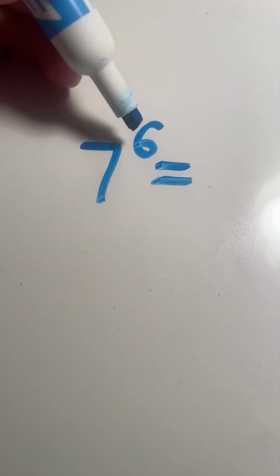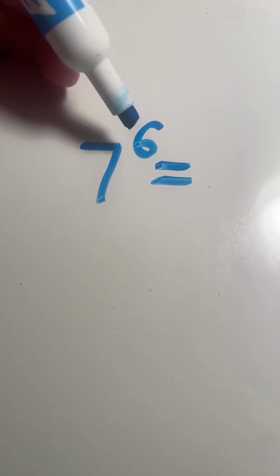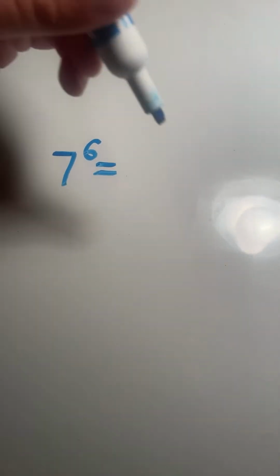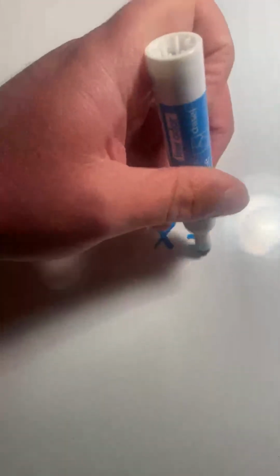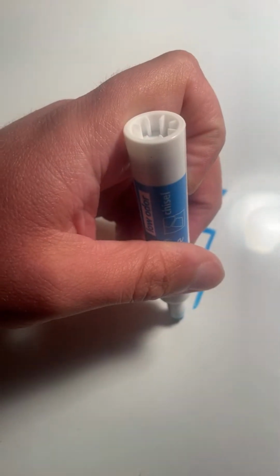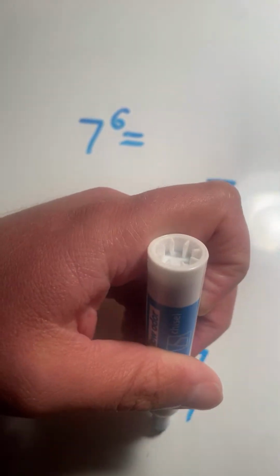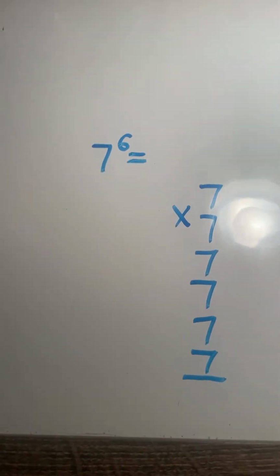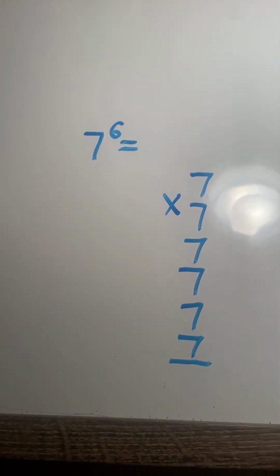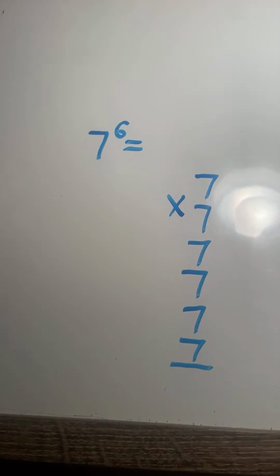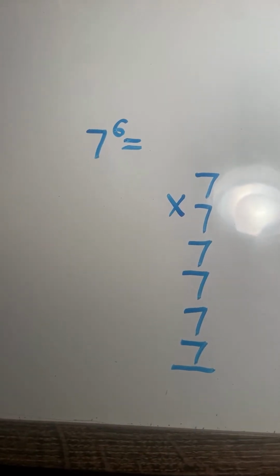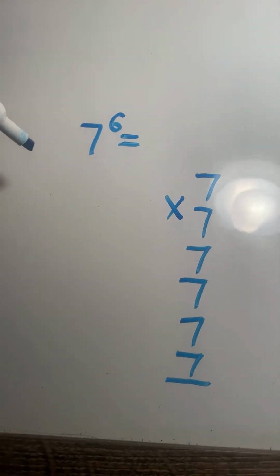So 7 to the 6th power means that we are multiplying the number 7 6 times. So the long way to write that out would be 7 times 7 times 7 times 7 times 7 times 7. We are multiplying the number 7 6 times. So I'm going to take you through that step by step.